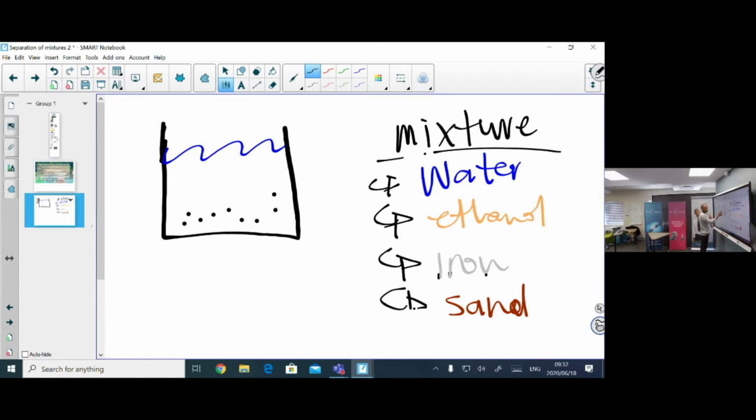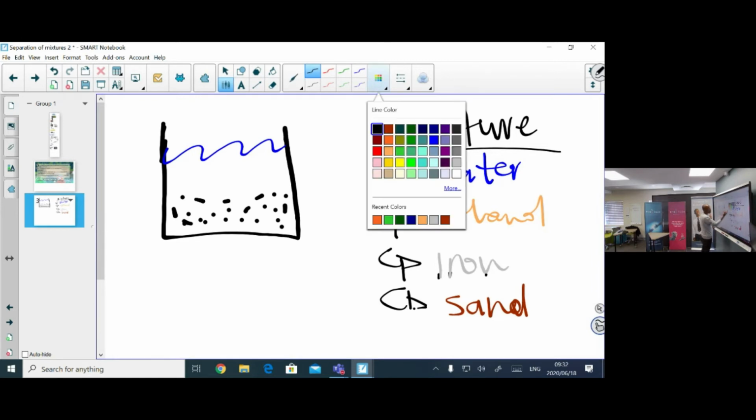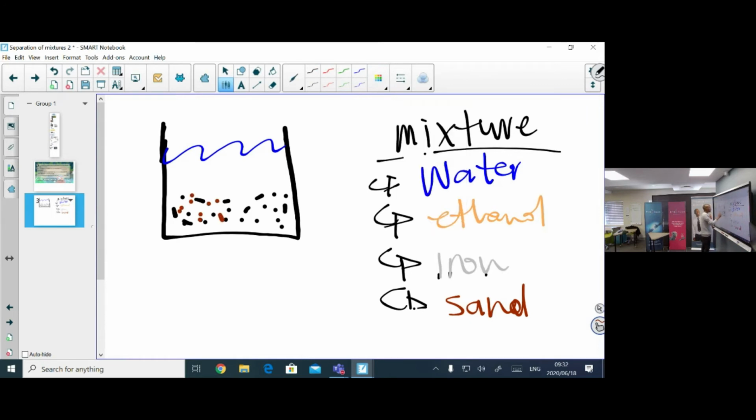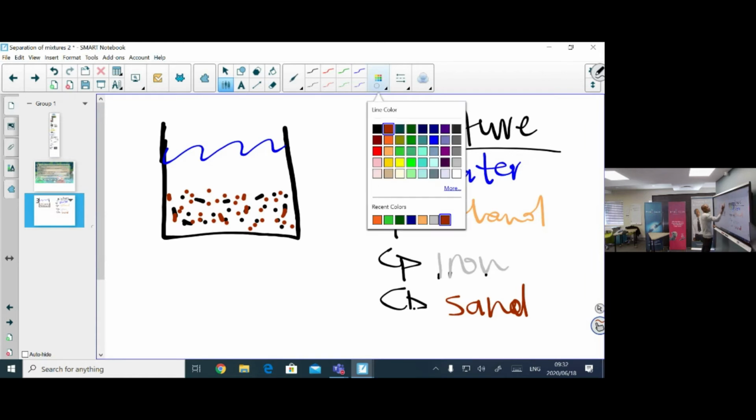There's our iron settled at the bottom. There's our sand mixed in. There's our water, and mixed in with our water is our ethanol.